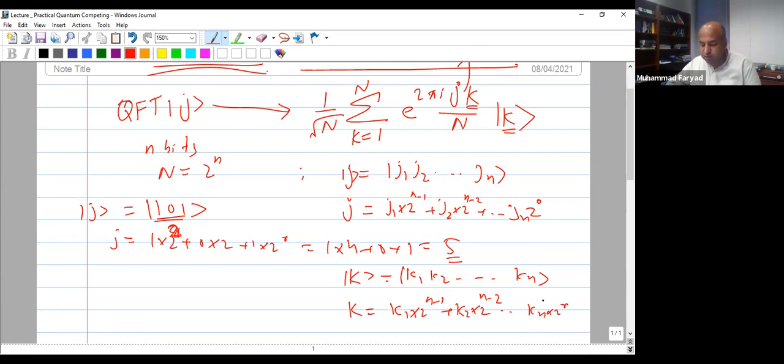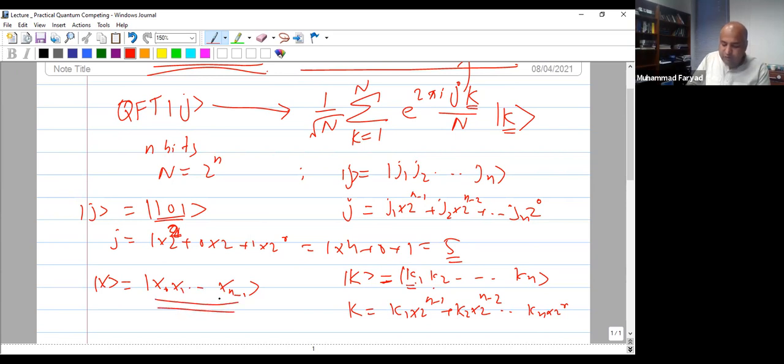You might notice that today I have changed my notation of bits a little bit, and I'm labeling this leftmost qubit as k1 with index 1, then index 2, all the way to index n, instead of my usual labeling where I used x naught, x1, all the way to xn minus 1. This is helpful because of easier transformation to Python, because Python index is 0, 1, 2.